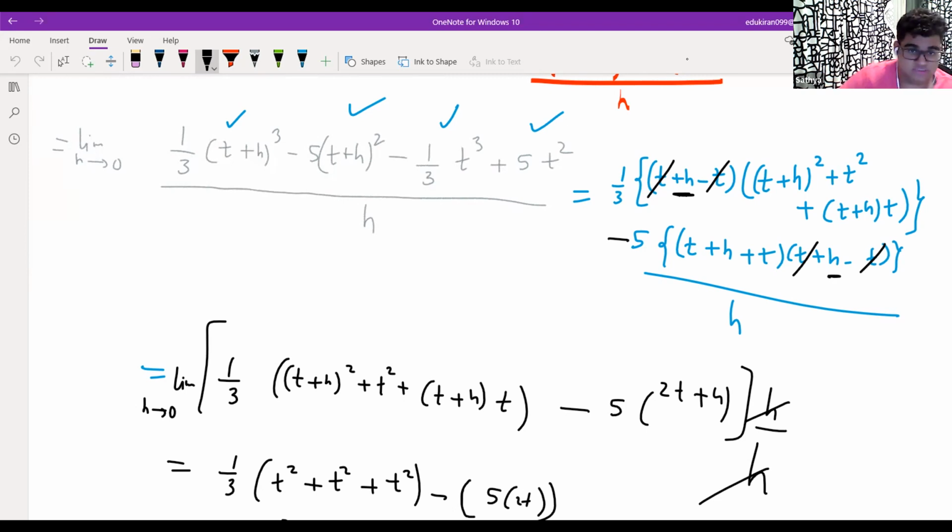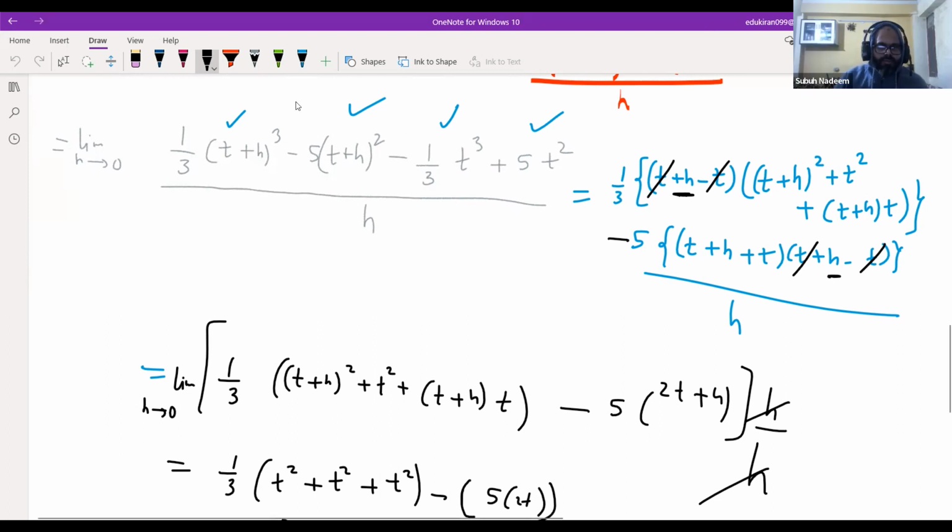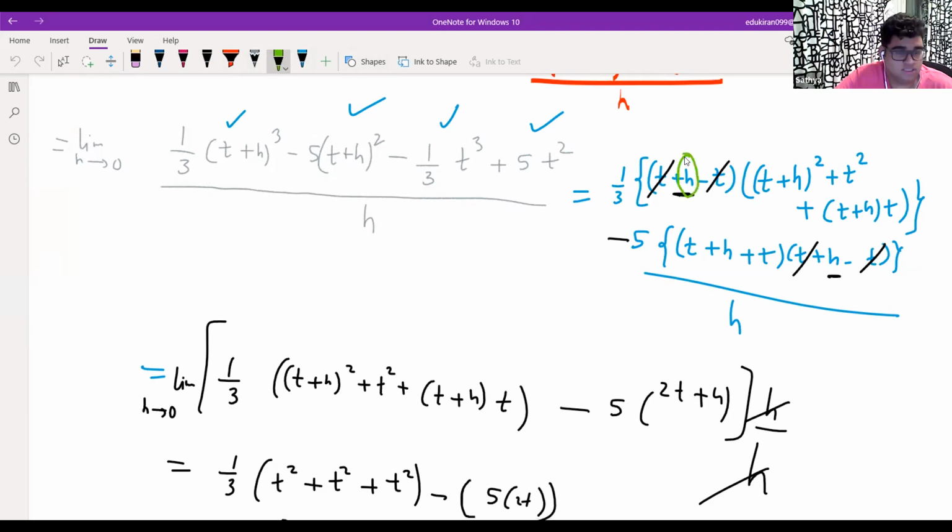So why is there an h over there? Sorry, why is there an h on the numerator in the third step? Because we have h coming out. You're talking about this h, no? Yeah. This h is coming because of this h and this h.